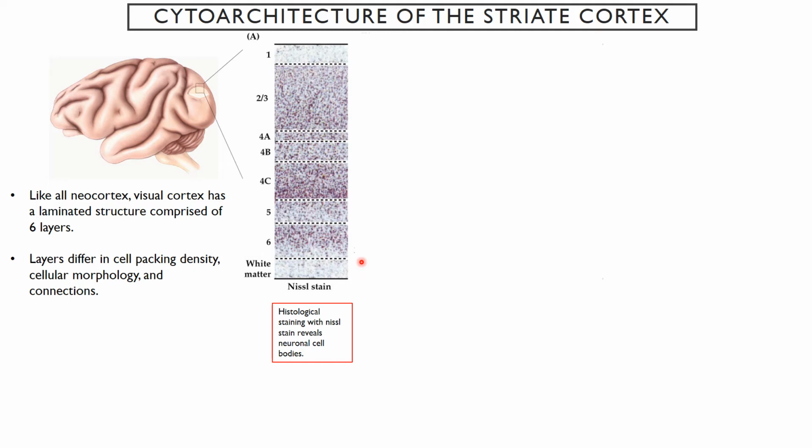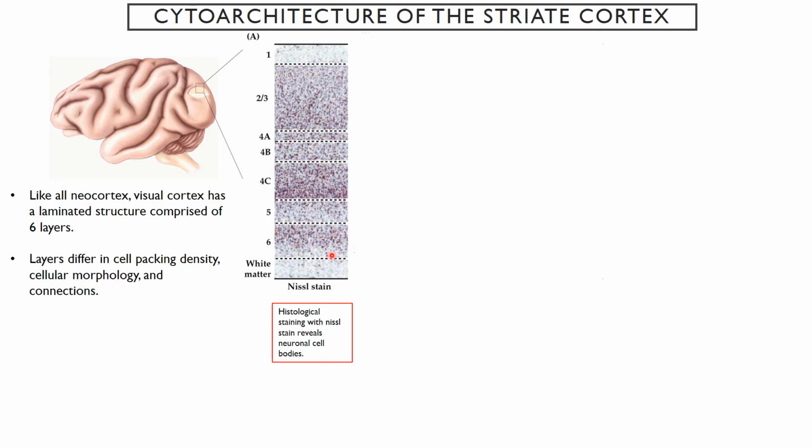Then these sections were put onto glass slides and stained with something called Nissl. Nissl stains all cells, but because of the way it stains, you can tell the difference between neurons and glia. It shows up as a purplish or bluish color, and it shows the cell bodies of cells, and neurons are included in that.